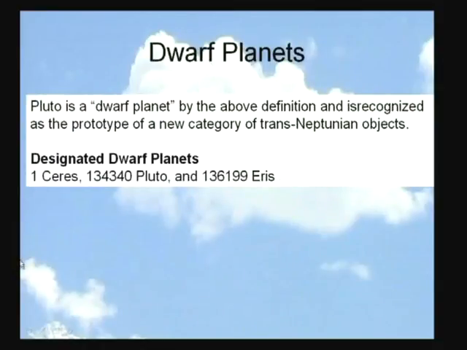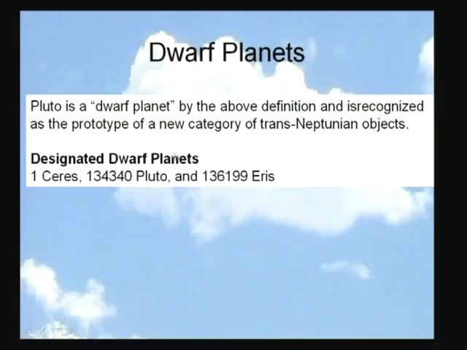As I have told you, Pluto is now a dwarf planet according to the above mentioned definition, and it is recognized as a prototype of a new category of trans Neptunian objects. A large number of objects have been found beyond Neptune, and many of them will possibly be classified as dwarf planets, with Pluto taken to be a prototype of such an object.